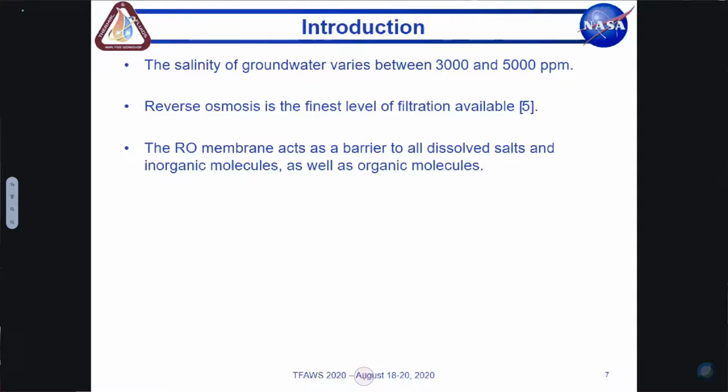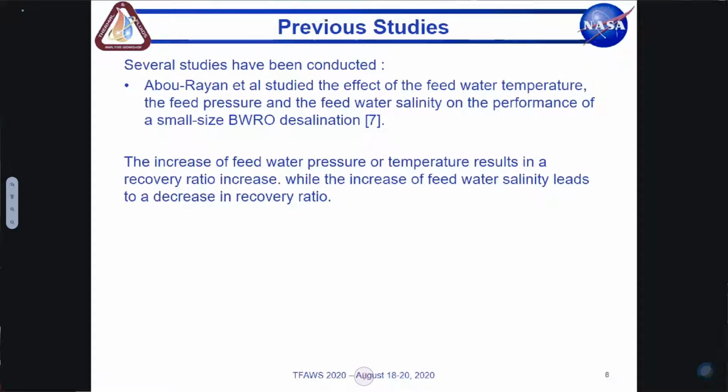The salinity of groundwater in Egypt varies between about 3,000 and 5,000 parts per million. Reverse osmosis is the finest level of filtration available. The reverse osmosis membrane acts as a barrier to all dissolved salts and inorganic molecules, as well as organic molecules.